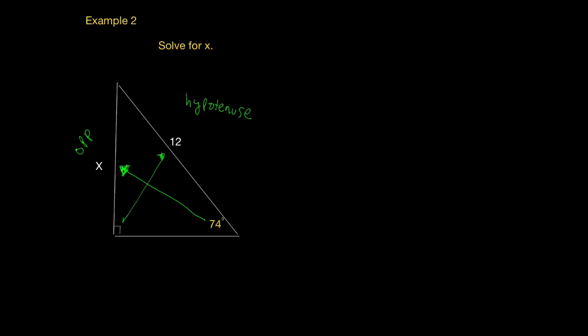Next, I'm going to make use of my acronym SOHCAHTOA. I'm trying to find x, so I'm going to use these two values, 12 and my variable. I notice that I have the O and I have the H, and the only trig function that makes use of O and H is sine.